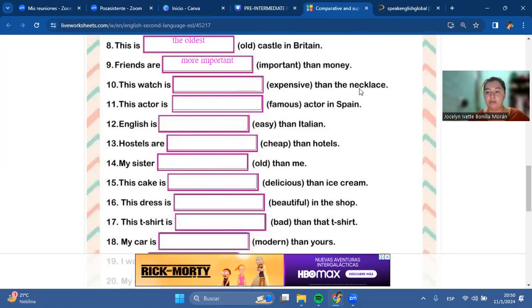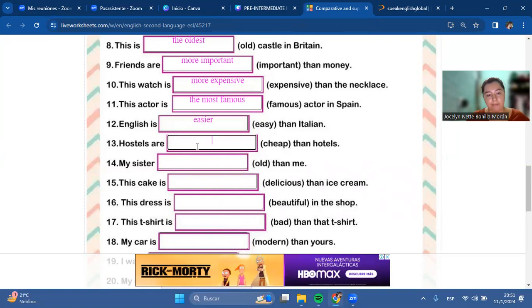Okay, good job, Jamilet, more expensive. All right, this actor is famous actors in Spain. The most famous. All right, good job. And what about English? Easy than Italian. Easier, all right. English is easier than Italian.